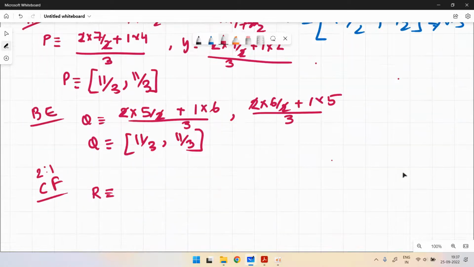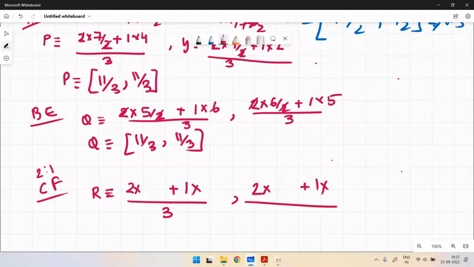I'm first writing m1 and m2, so m1 and m2 over 2 plus 1 is 3. So this is 2 into something for the y coordinate, something into something by 2 plus 1 is 3.